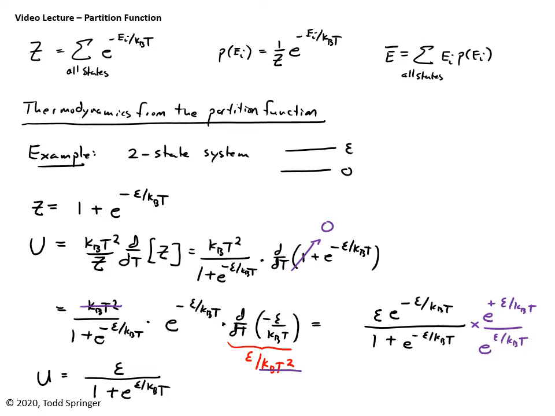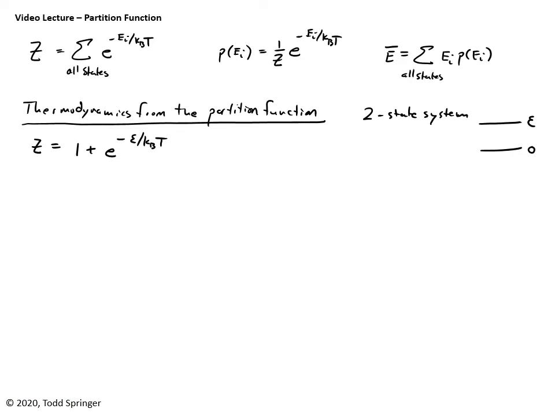So there's a formula that I got for the energy of this system just by knowing the partition function and doing some calculus. Let's go a little further. Let's calculate the entropy of this system. So let's focus a little more on this two-state system.